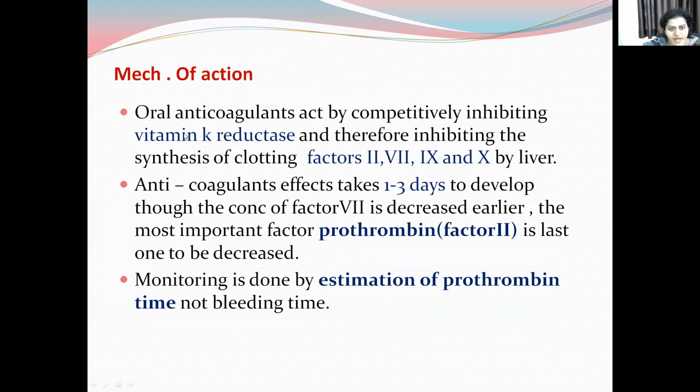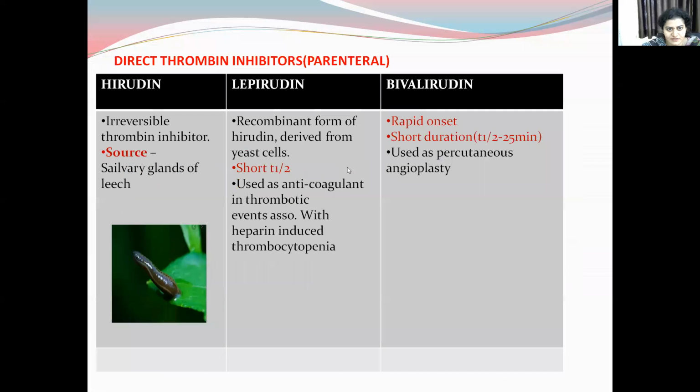Then the mechanism of action of this oral anticoagulant is that it acts by competitively inhibiting vitamin K reductase, and therefore it inhibits the synthesis of the clotting factors, that is factor 2, 7, 9, 10 by the liver. This I also explained in the last class.